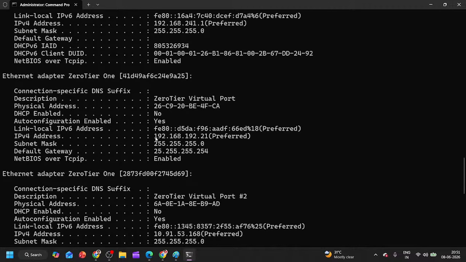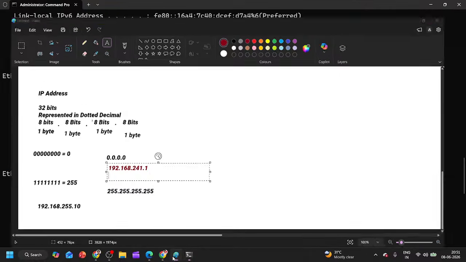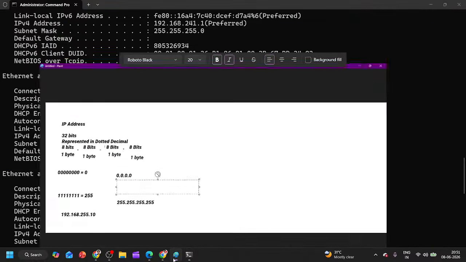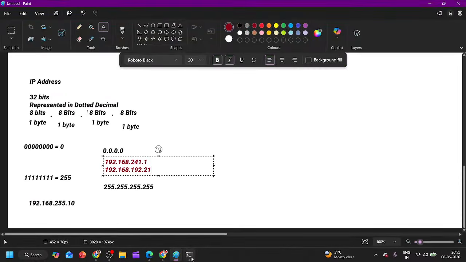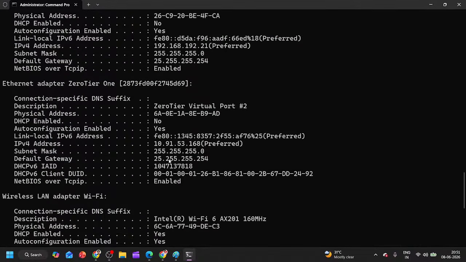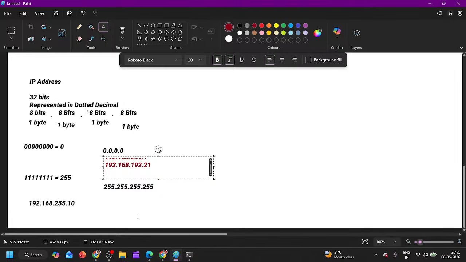Let's say this one, 192.168.192.21. See another IP address. Here you can see 10.91.53.168.